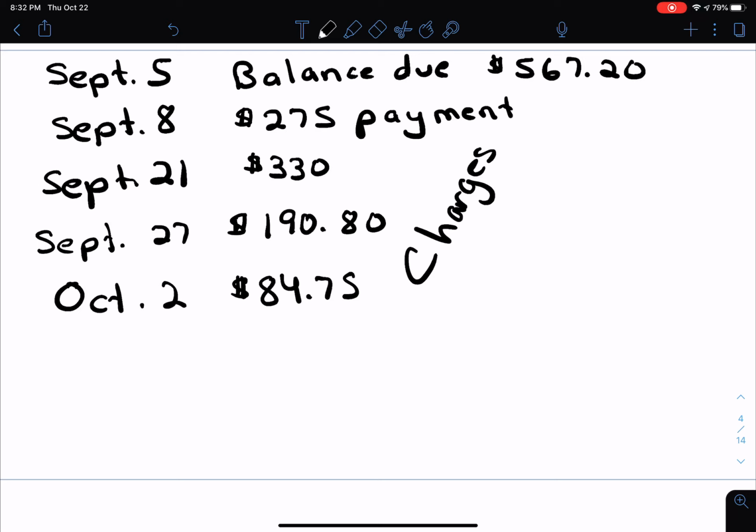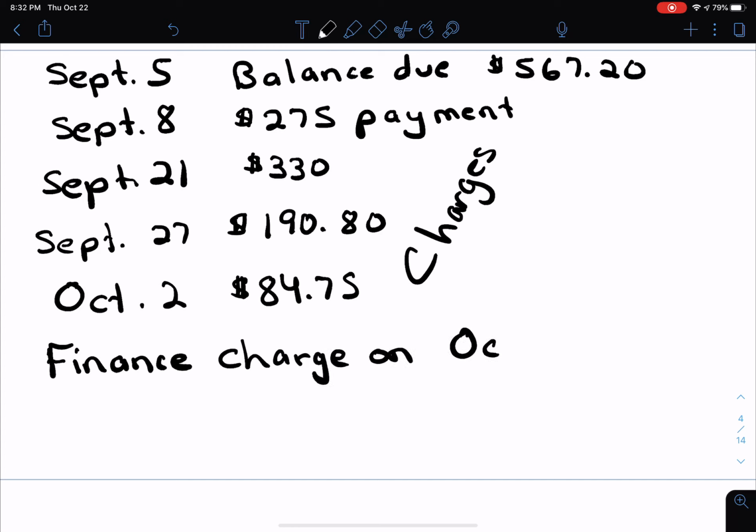So we want to find the finance charge on October 5th using this previous balance method. The interest rate is 1.1% per month.